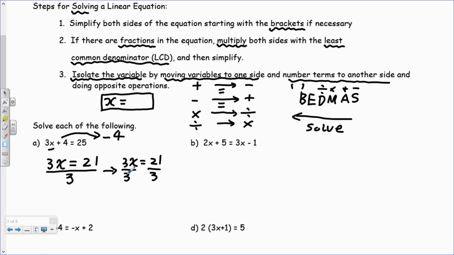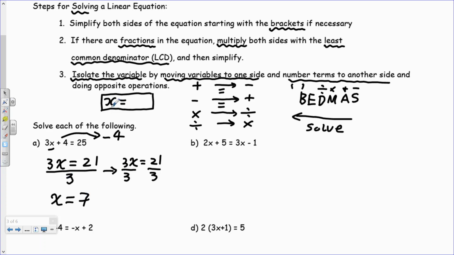But I don't want to write the 3 twice, so I write it in one long line, then 3 at bottom. So it's equivalent with divide by 3 twice, okay? So 3 divided by 3 give you 1x. So it's 1x for the left side, and for the right side is 21 divided by 3 is 7.